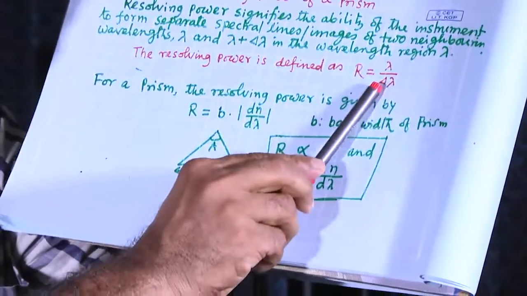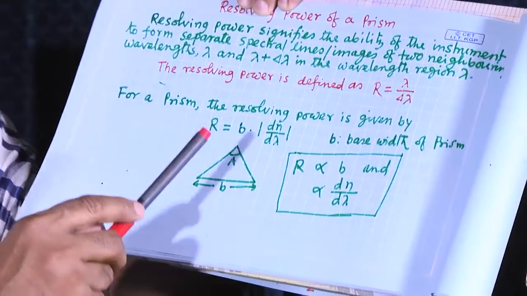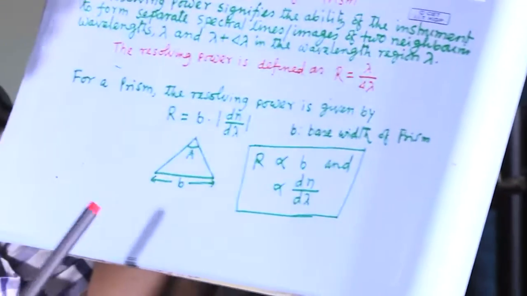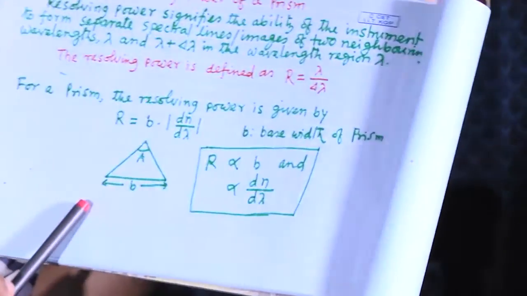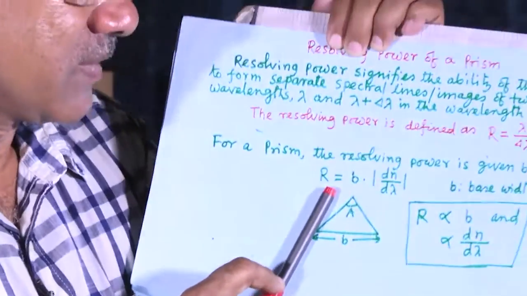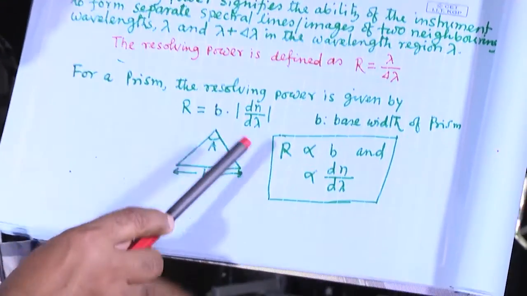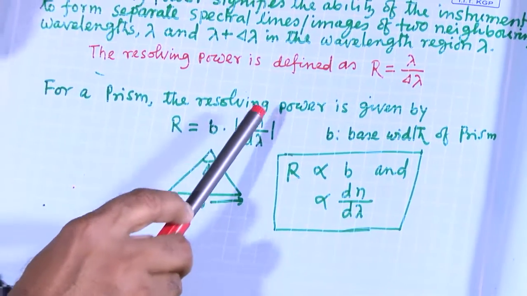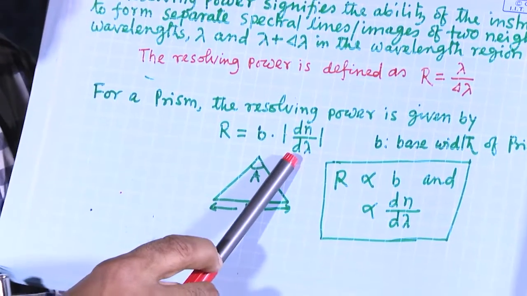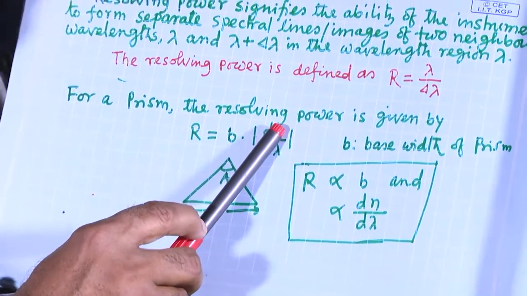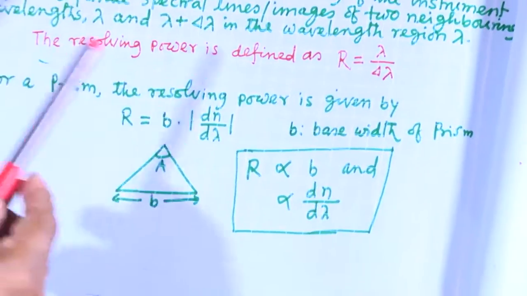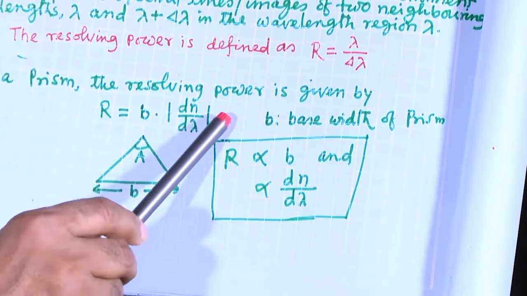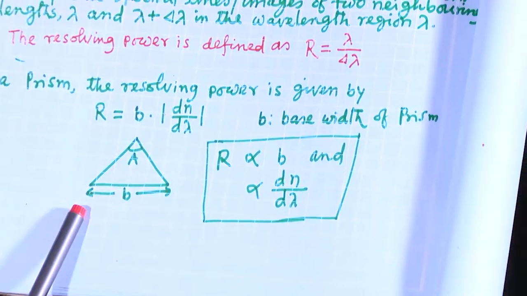That is the general definition, and it can be for a prism, for a grating, etc. But for a prism one can show that the resolving power is equal to B into dn by d lambda, where B is the length of the base and n is the refractive index, so dn by d lambda is the change of refractive index with wavelength.